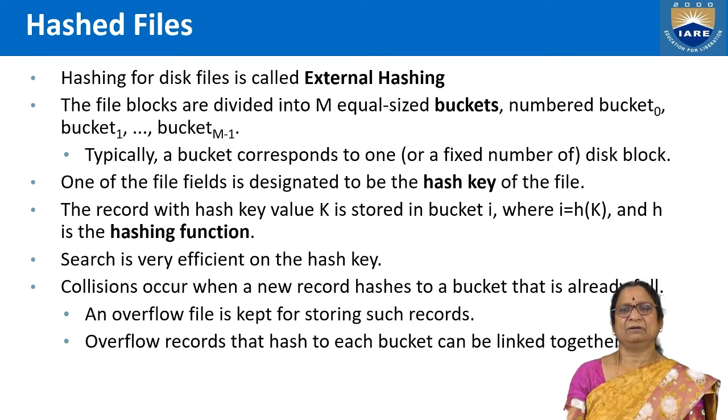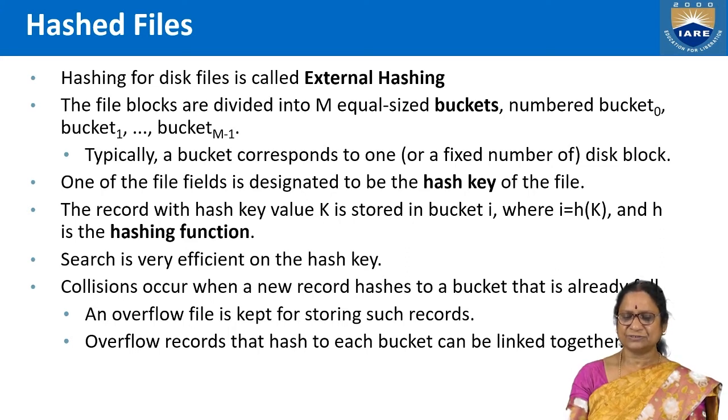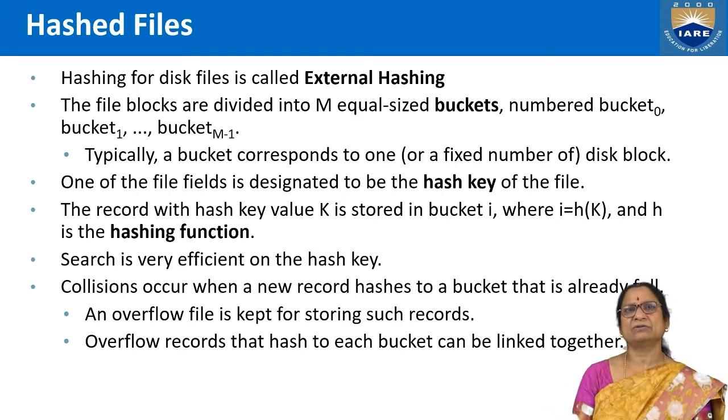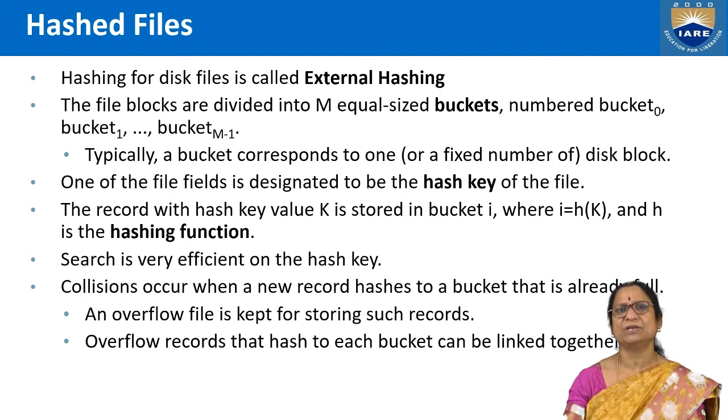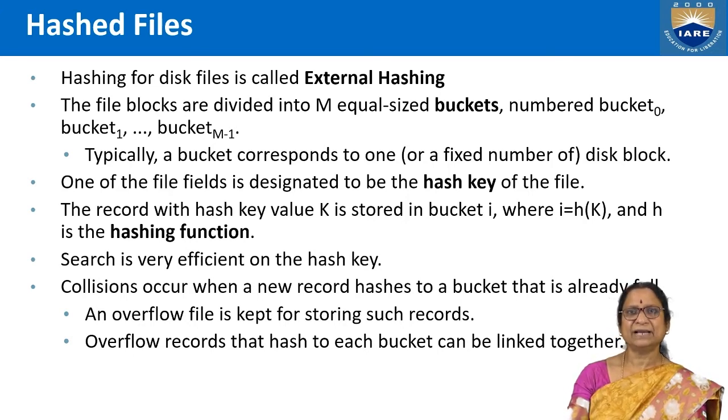Collisions: whenever we are mapping in such a way, a collision occurs when a new record hashes to a bucket that is already full. So when we are doing this mapping function, for various values we will get the same bucket number also. That means it all depends upon the function which we are using actually. So once the bucket is full, where are we supposed to store the new data which is mapped to the same bucket?